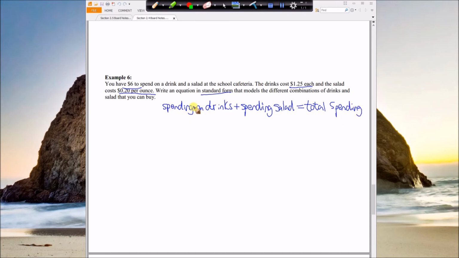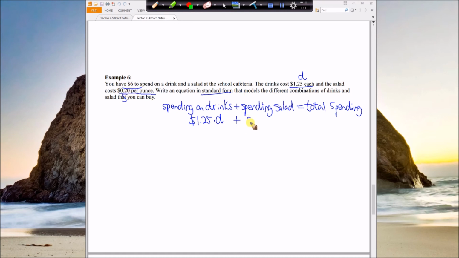Okay, and so spending on drinks, let's say D is the variable for drinks. Spending on salad, let's say S is the variable for salad, would be 1.25 times how many drinks I buy. So you are familiar with that little setup, 1.25 times D. Okay, that's the spending on drinks, plus spending on salad is 20 cents per ounce.